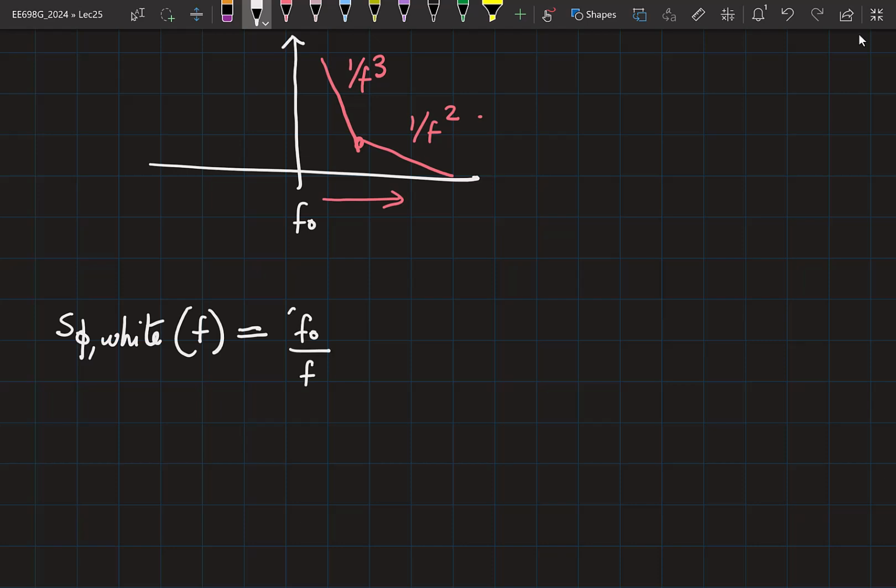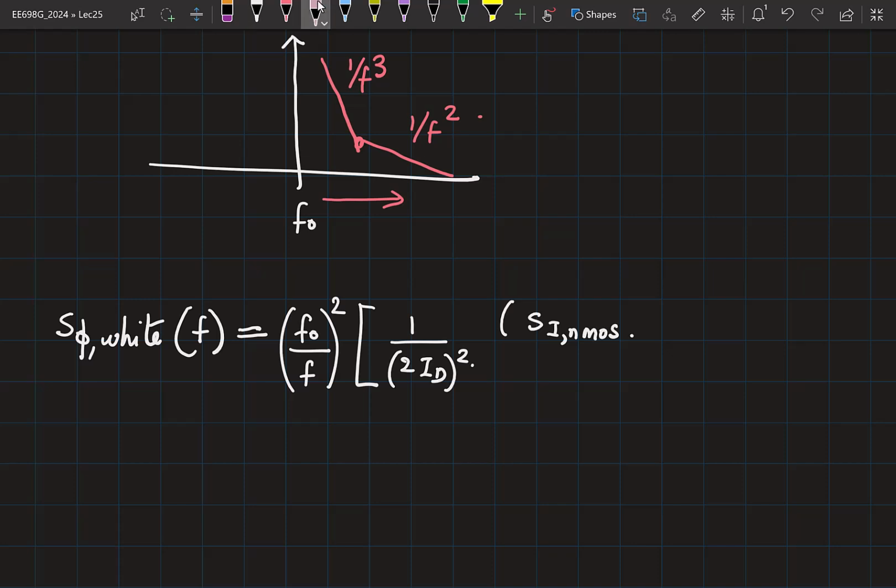It's (f0 by f) the whole square, times 1 by 2 ID square, times S_I NMOS. What is the value of this factor? 4 kT gamma gm. But this S_I NMOS is for a two-sided PSD, so it becomes 2 kT gamma gm.